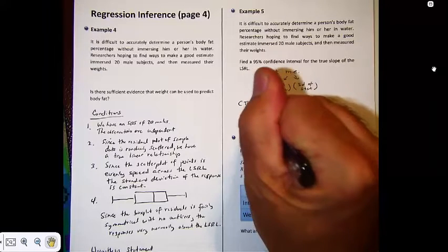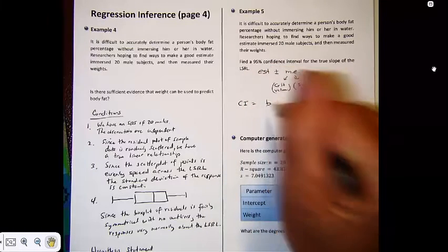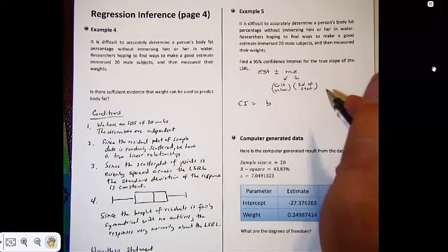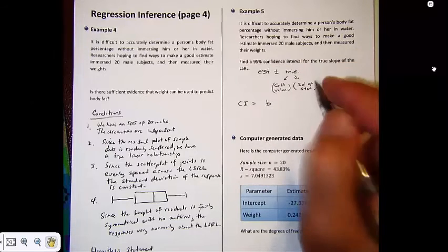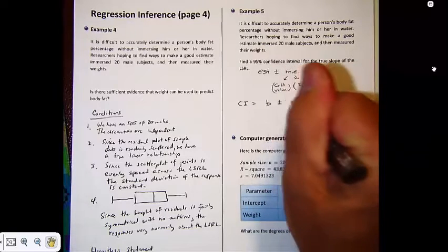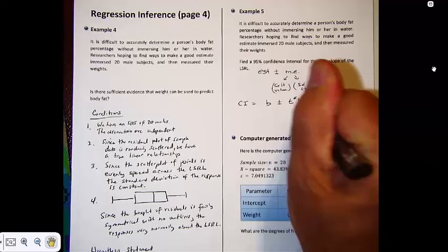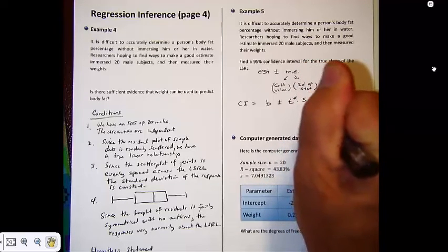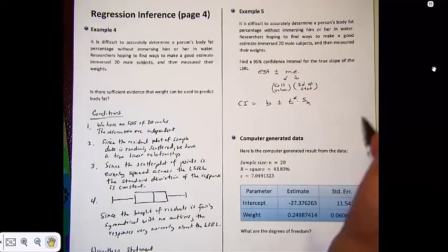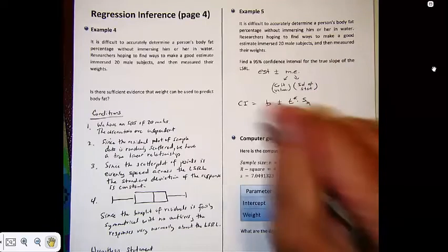So in this case, our confidence interval is equal to our estimate, which is b, the slope of the least squares regression line based off of our sample data, plus or minus our critical value, which is t star, times s sub b sub 1, the standard deviation of our statistic.